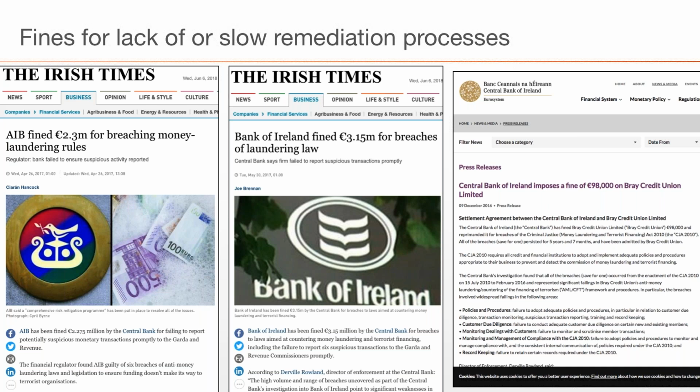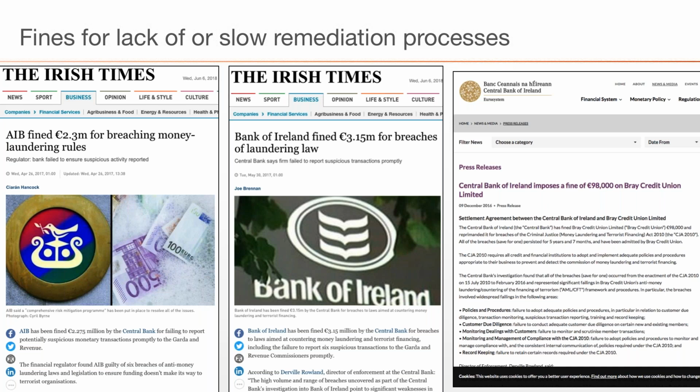And to even further complicate matters, there's a cohort of customers in financial services sectors called pre-1995 customers. So if you took on board a customer before 1995, there was no obligation on you as an institution or organization to collect identity details on that customer.